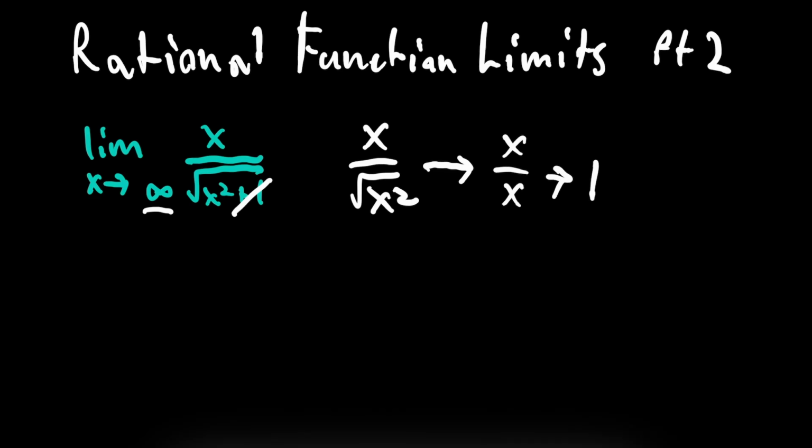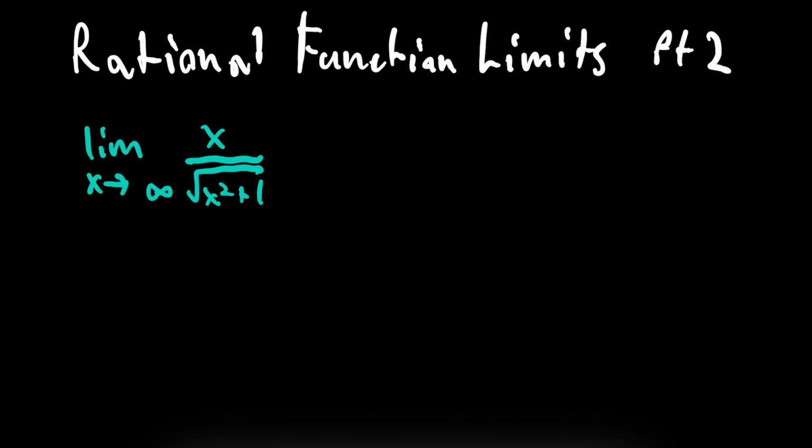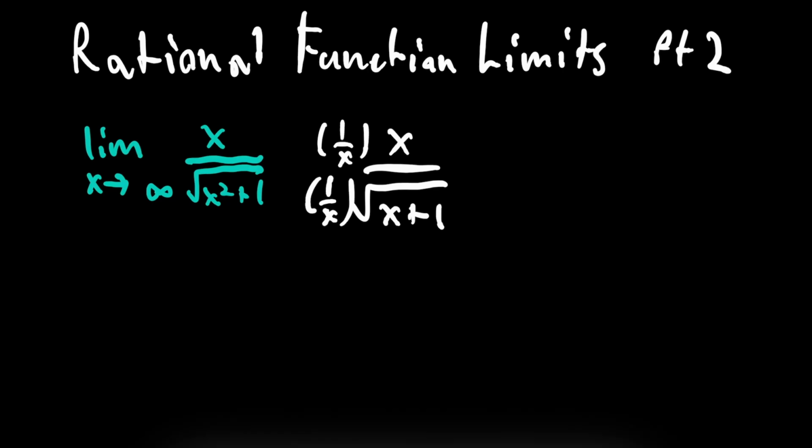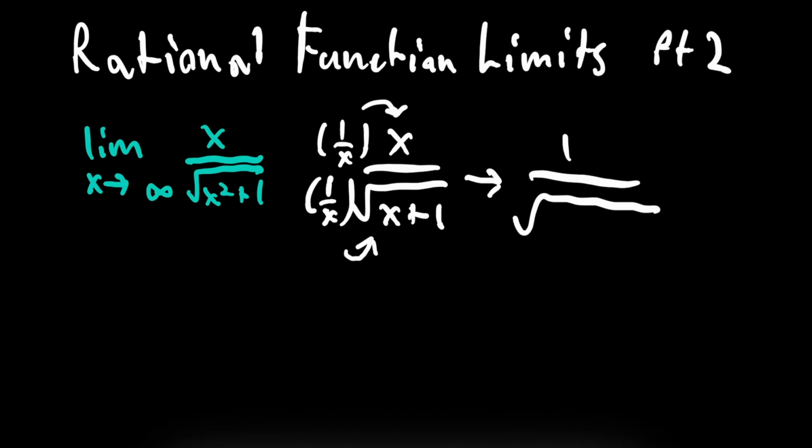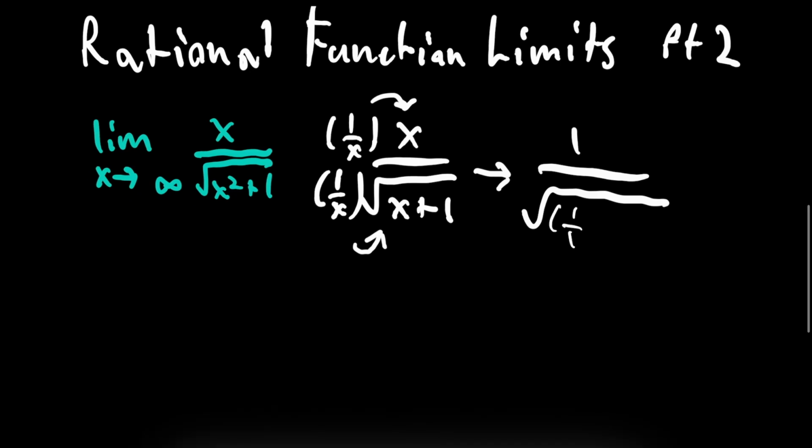If we were to solve this algebraically, I'm just going to rewrite this expression here. If we were to multiply both the numerator and the denominator by 1 over x, you can distribute this. Well, before we distribute it, we can bring it underneath this root right here. So this will become 1, and this will become 1 over x squared times (x squared plus 1), right?